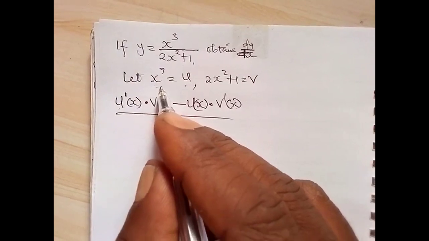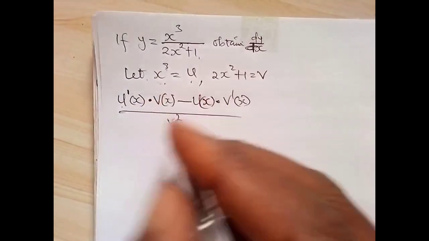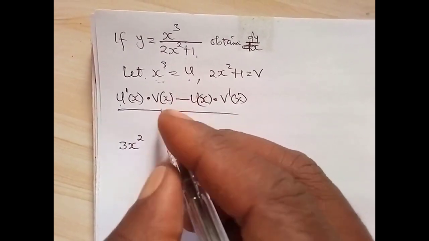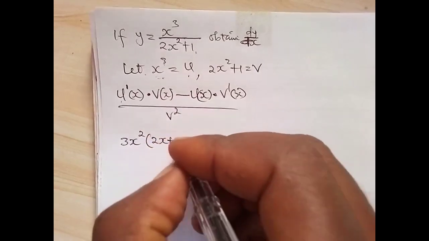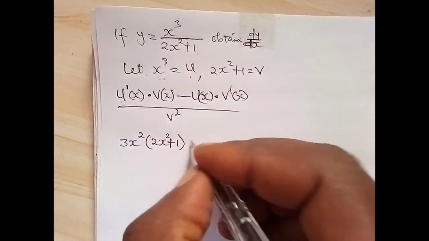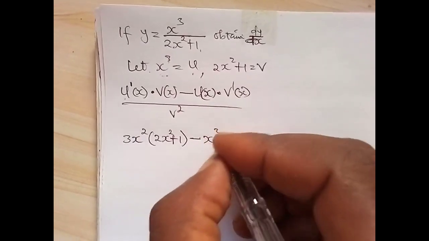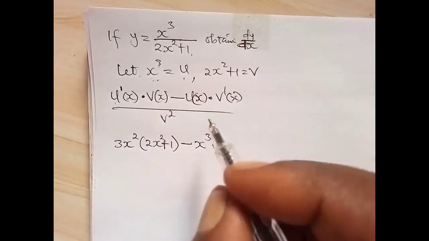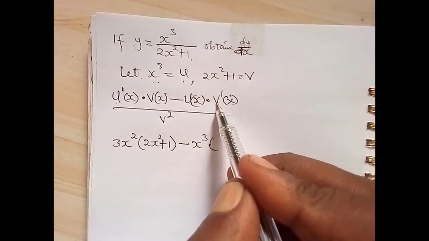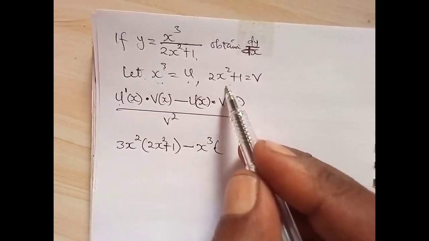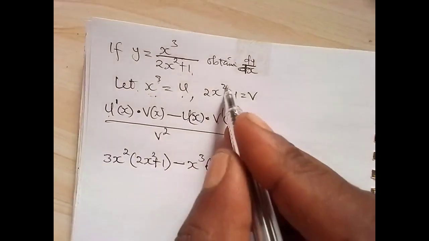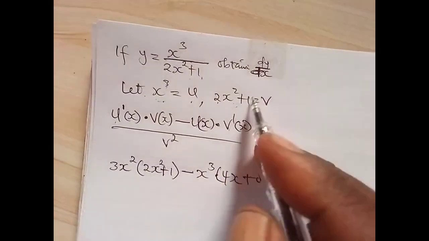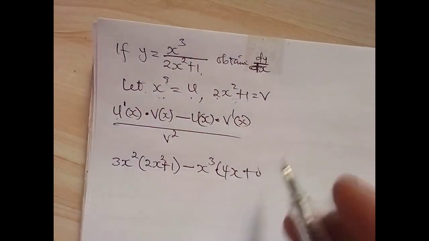If we differentiate u, we're going to get 3x squared. Then we keep v constant, our v is 2x squared plus 1, minus, keeping x cubed constant, times the derivative of v. If we differentiate v, we're going to have 4x plus 0, because any constant that doesn't have x differentiates to 0.